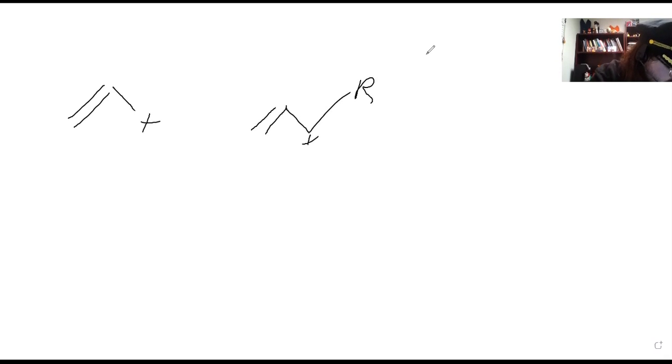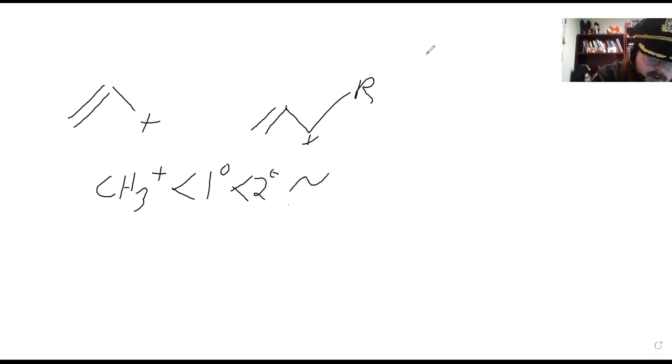If we look at cation stability, we have our methyl cation is the lowest, of course, then our primary, our secondary. Now, the secondary, however, is approximately the same energy as an allylic cation. So even though the allylic is technically a primary cation, it is similar to a secondary in that the delocalization will stabilize this.